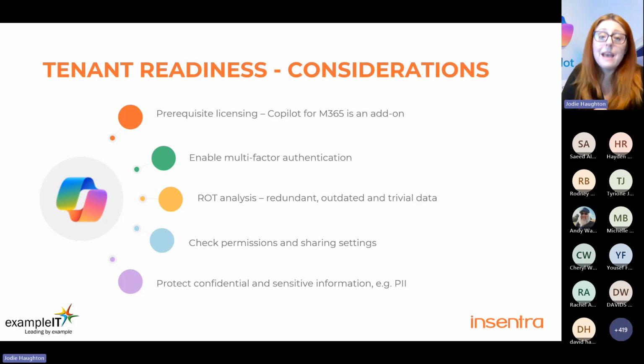So you've got to have a prerequisite Office Business, Office Enterprise or Microsoft 365 Enterprise or Business license in place first. There's a massive list of prerequisite licenses. So what you need to do is just make sure that you have got your prerequisite licensing in place, and remember that Copilot for M365 is an add-on.